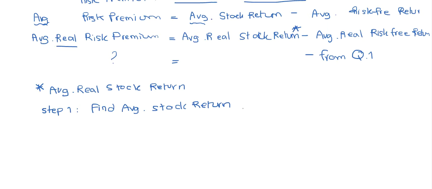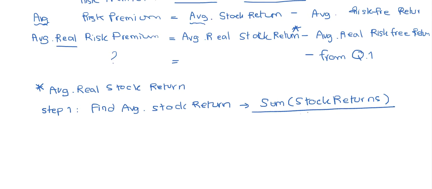You just simply add all the stock returns. So sum of stock return in all years divided by number of years.